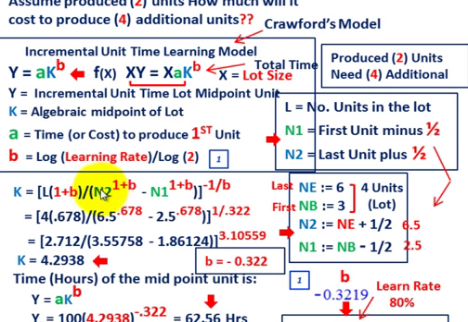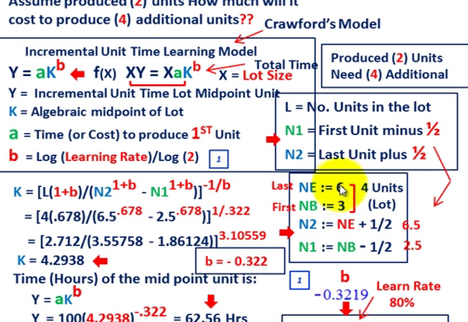Let's understand what n2 is. That's the last unit that we're producing in this lot. n2 equals the last unit plus 1/2. So let's calculate that. I'm showing it as ne here, that would be 6 units. The last unit is number 6.